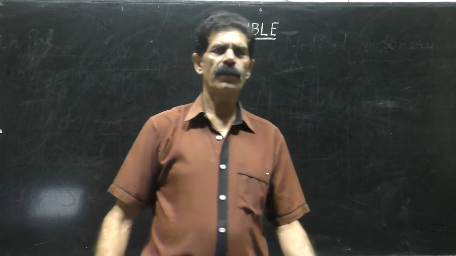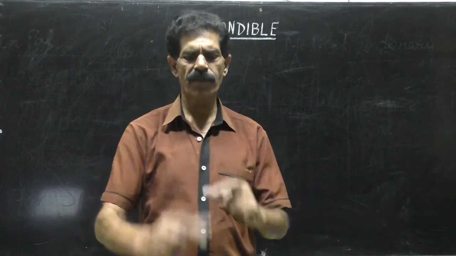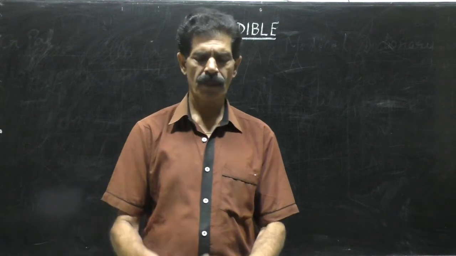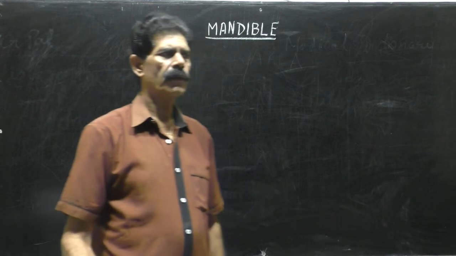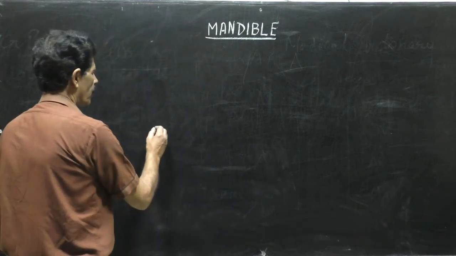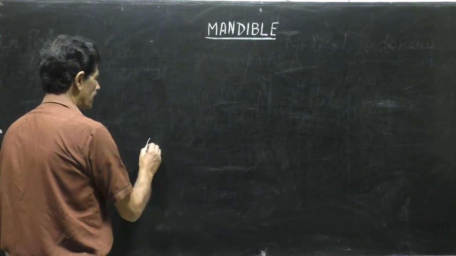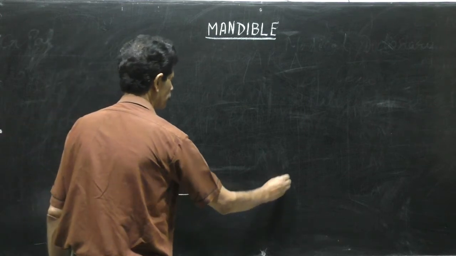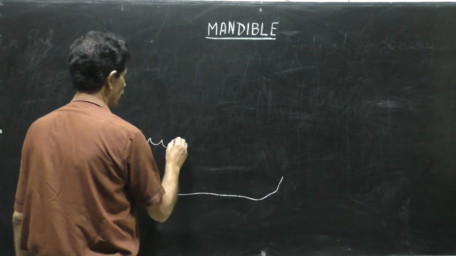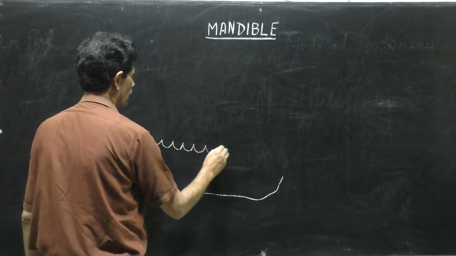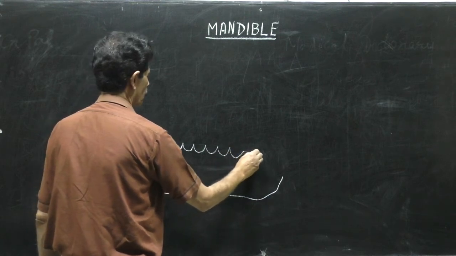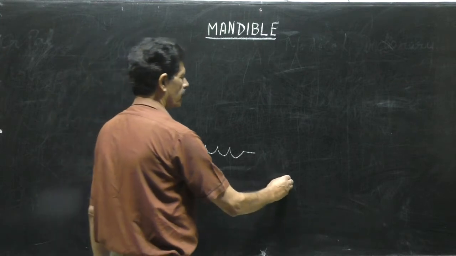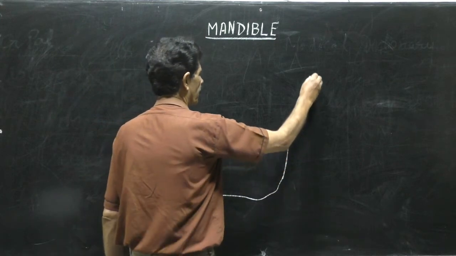The mandible is formed by the union of the right and left two halves in the center, that is called the symphysis menti. The mandible mainly has two parts. One is the horizontal part, that is called the body of the mandible, and a vertical part, that is called the ramus of the mandible.